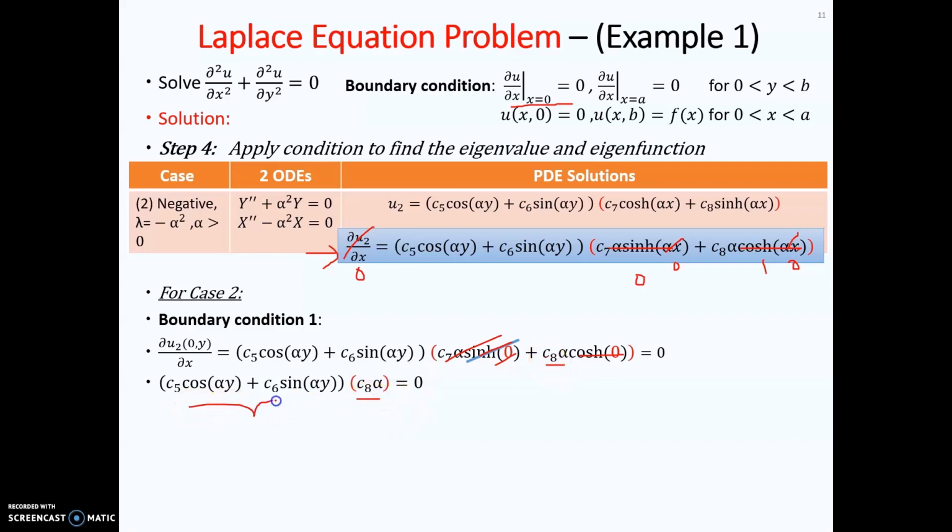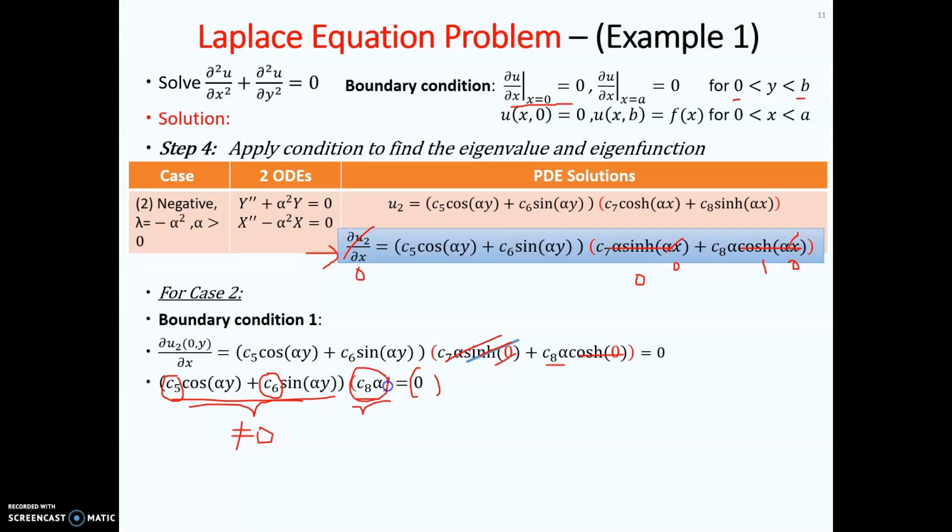So you continue to analyze which component will be equal to 0 to make it equal to 0 here. Assume that the C5 and C6 here are non-zero. Then if you take the computation of this with y changed from 0 to b, most of the time you obtain this is not equal to 0.